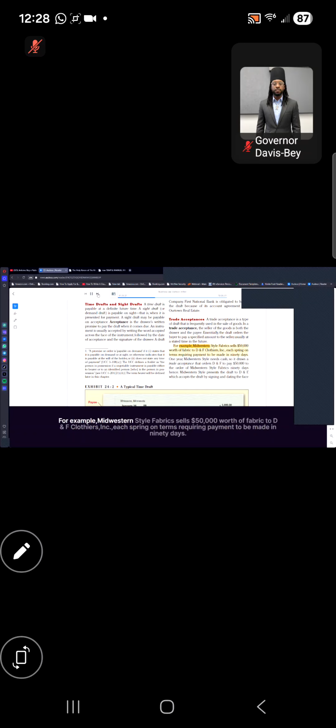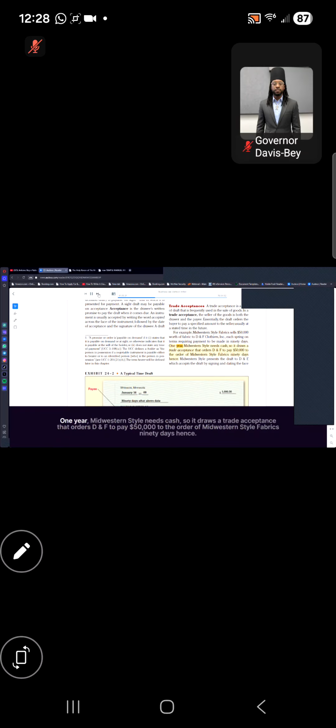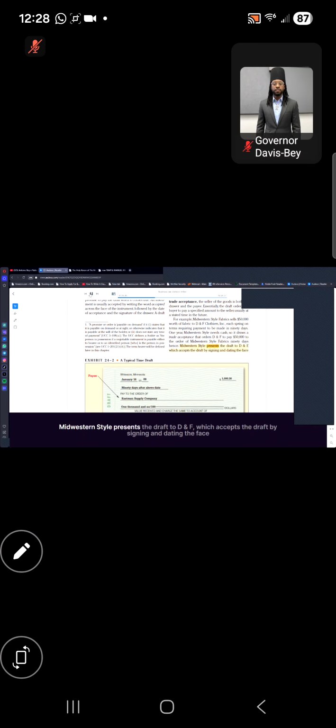For example, Midwestern Style Fabrics sells $50,000 worth of fabric to D&F Clothiers, Inc., each spring on terms requiring payment to be made in 90 days. One year, Midwestern Style needs cash, so it draws a trade acceptance that orders D&F to pay $50,000 to the order of Midwestern Style Fabrics 90 days hence. Midwestern Style presents the draft to D&F, which accepts the draft by signing and dating the face.